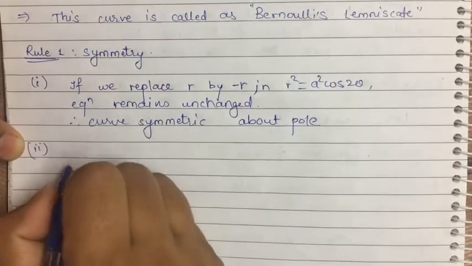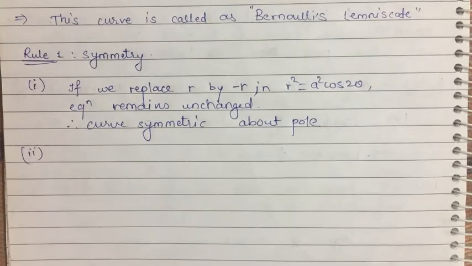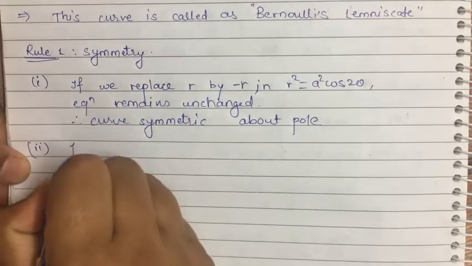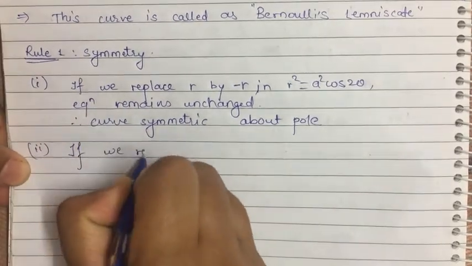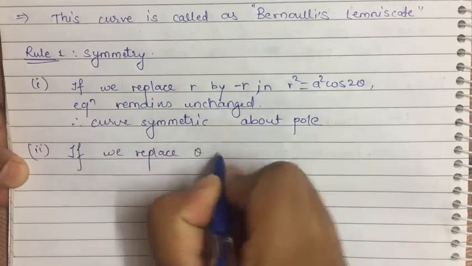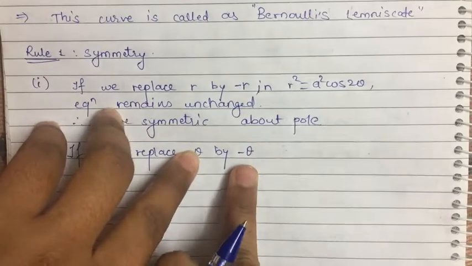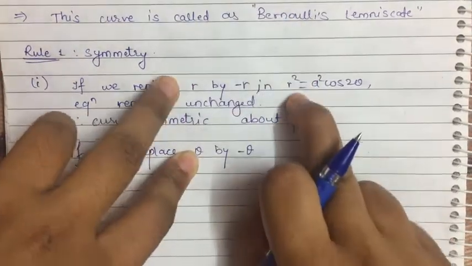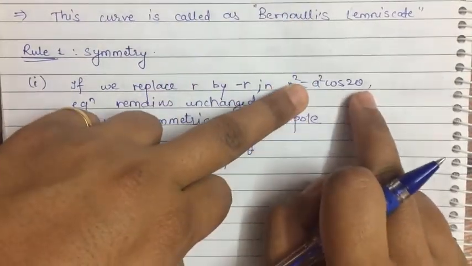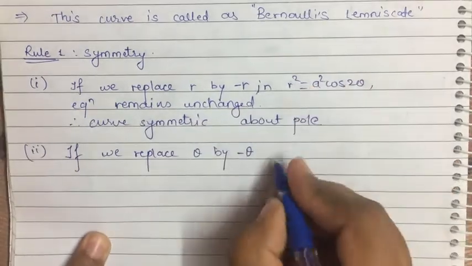Okay, now the second symmetry is about initial line. What is the condition for symmetry about initial line? If we replace theta by minus theta. So if you replace theta by minus theta in this equation, what will you get? Cos of minus 2 theta, which is again cos 2 theta.